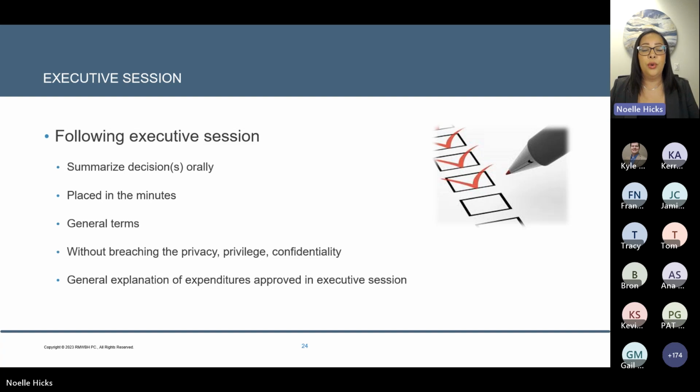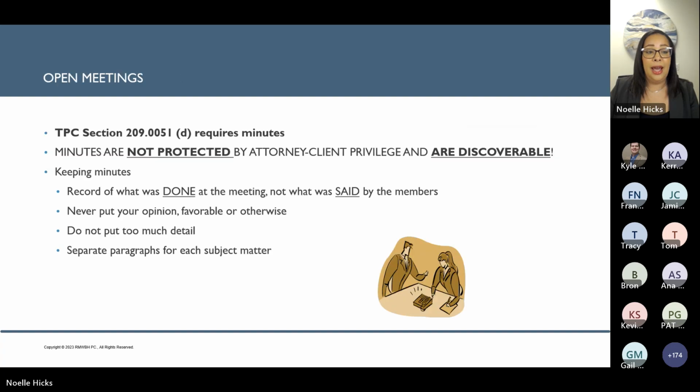And you will also give a general explanation in that open board meeting of any expenditures that are approved in executive session. So if you're talking about specific contracts or anything like that, then that's the time when a discussion about expenditure approval in executive session should occur.